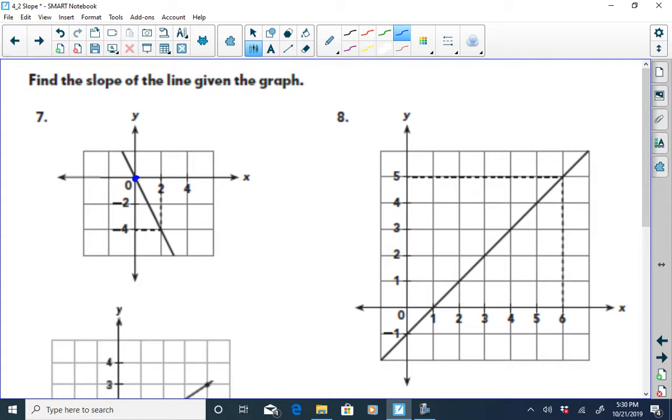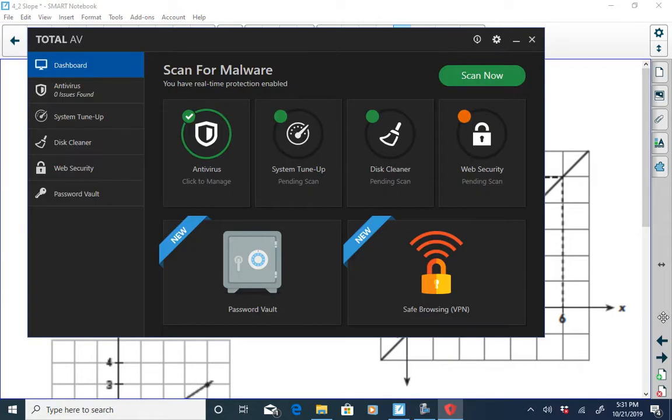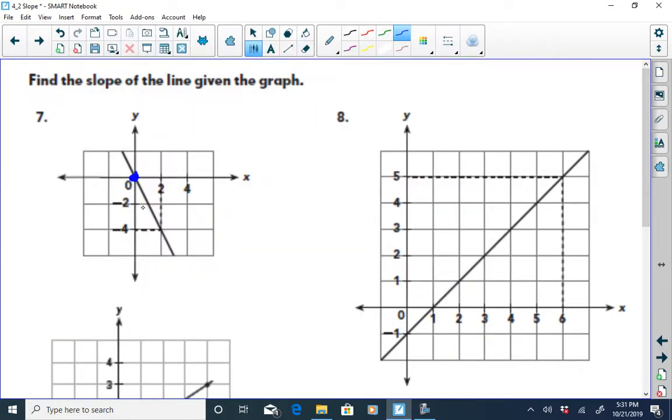Here I see a clear intersection point on the x-axis. On the x-axis it's 0, on the y-axis is 0. Notice this intersection point here. I very clearly see the y value is going to be -2, but I don't know the exact x value, so I don't want to use that point.